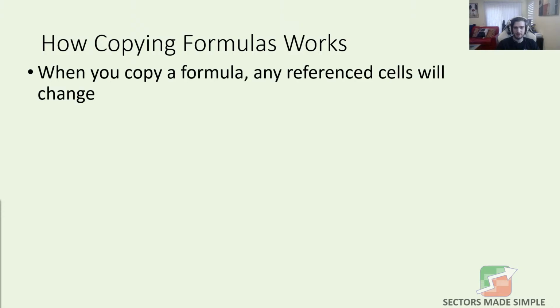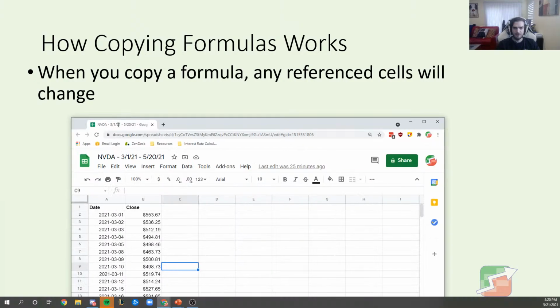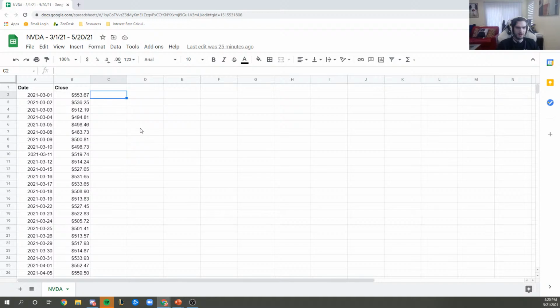Because when you copy a formula, for example, let me pull up. I went to Yahoo Finance earlier today, and I grabbed the stock prices for NVIDIA. NVDA is the ticker. So let's do a very basic math question. What is the price change?